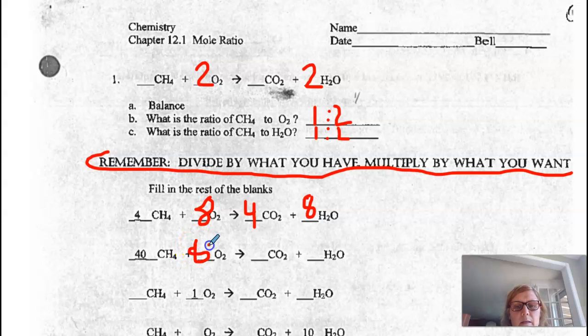The ratio of methane to CO2 is 1 to 1, so that would be 40. And the ratio of methane to H2O is 1 to 2, so that will be 80.